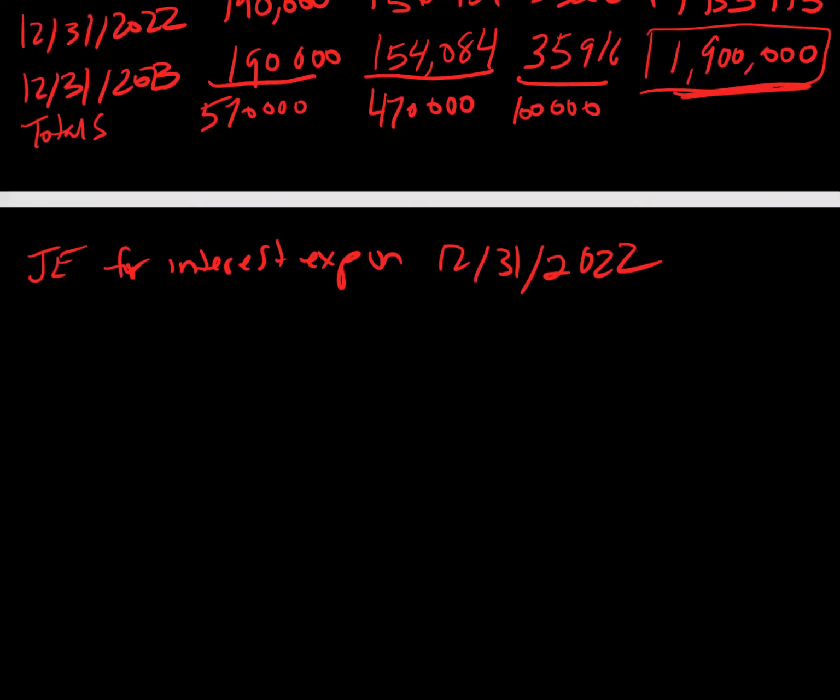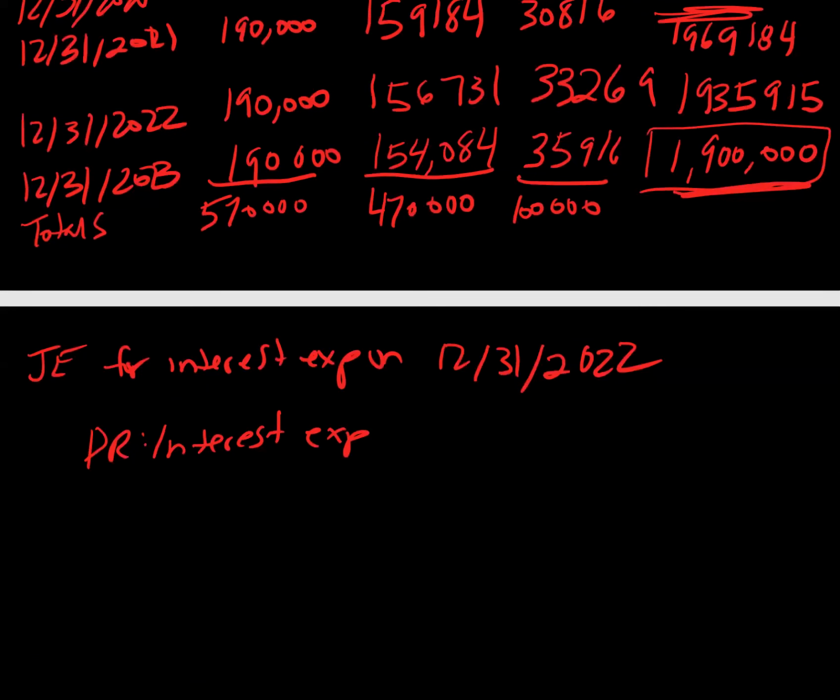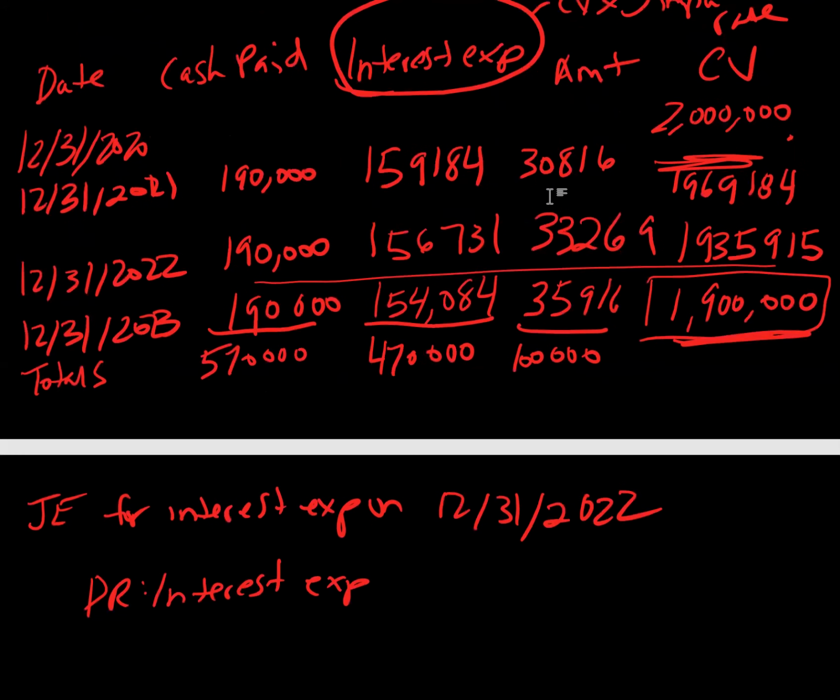So our journal entry for the interest expense is going to be, of course, debit interest expense. And we're going to pick up the numbers right from this line here in the table. So my interest expense is 156,731.